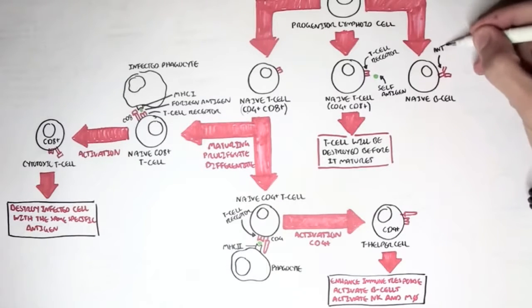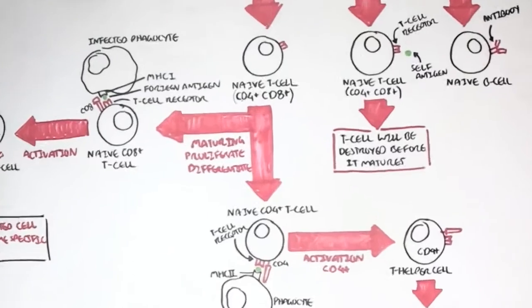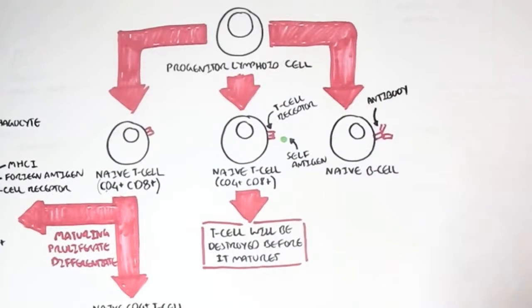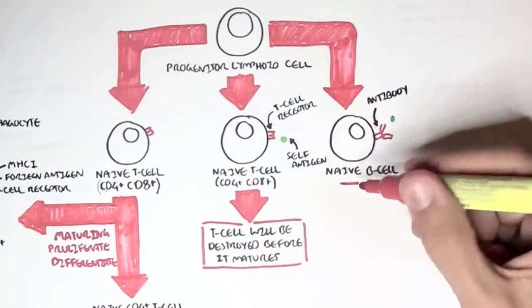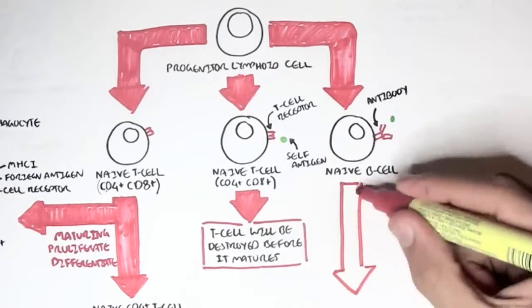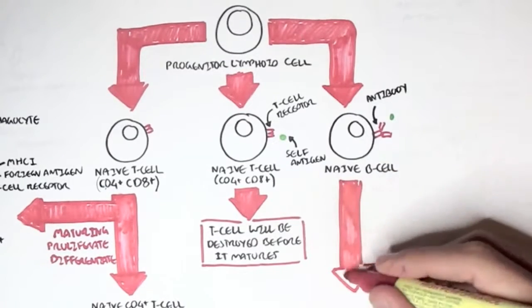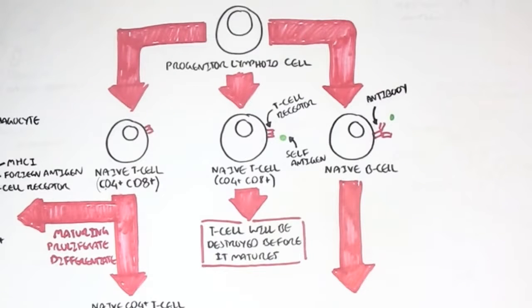Well, naive B cells have antibodies when they become naive B cells from the progenitor lymphoid cell. The naive B cells' antibodies can recognize specific antigens of a pathogen.